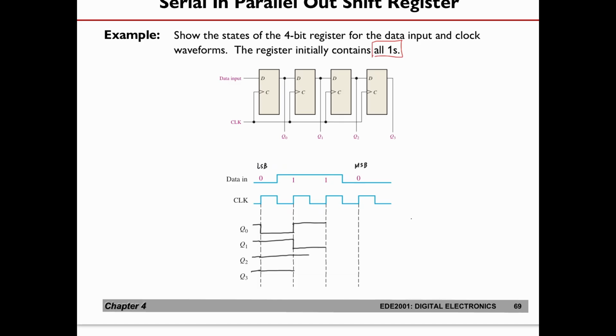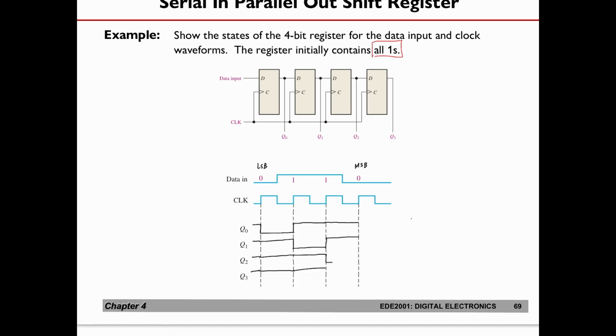Q2 will continue to be a 1 because Q1 output is a 1. Q3 has no change. At the next clock cycle, again a 1 is loaded at the data input, so Q0 continues to be a 1. Now Q0 output is a 1, so at the next clock cycle Q1 becomes a 1, and so on and so forth.